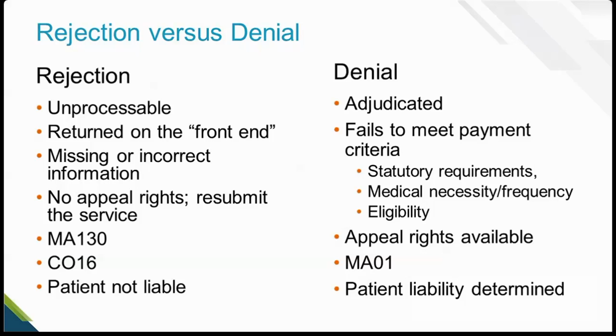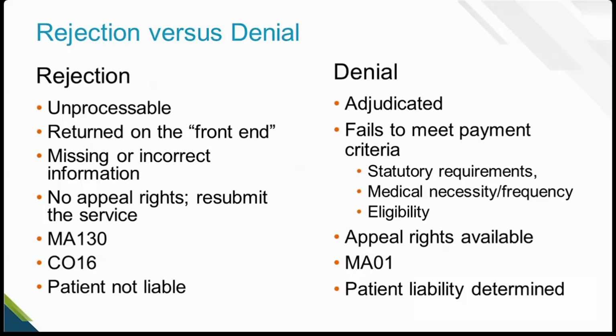What you need to do for rejected claims is resubmit that service. And on your remittance advice, you will find an MA130 remittance advice remark code. The description reads, your claim contains incomplete and/or invalid information, and no appeal rights are afforded because the claim is unprocessable.